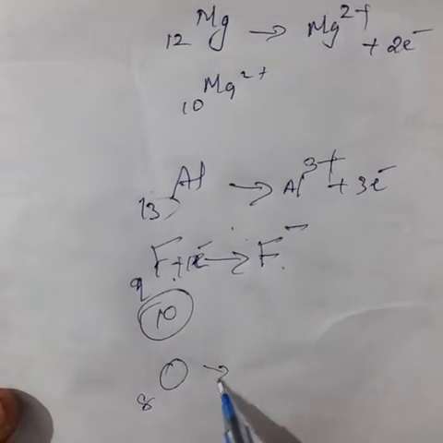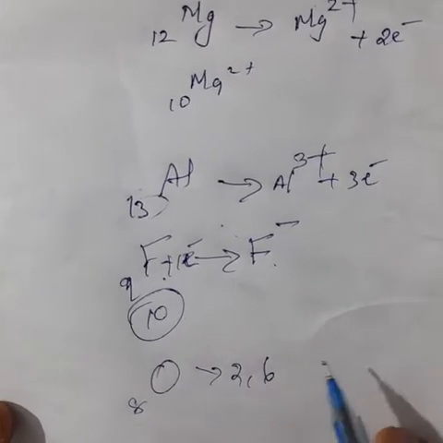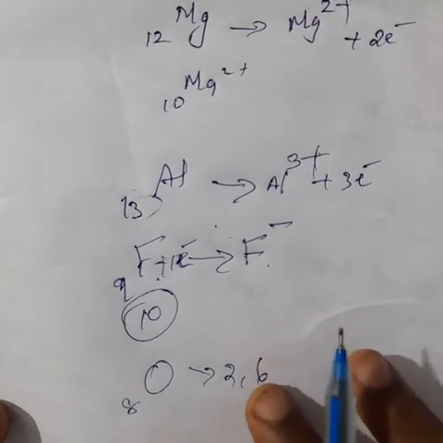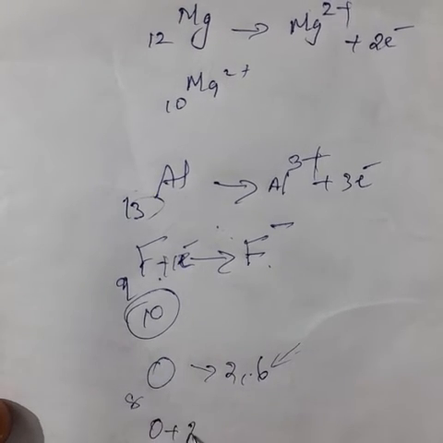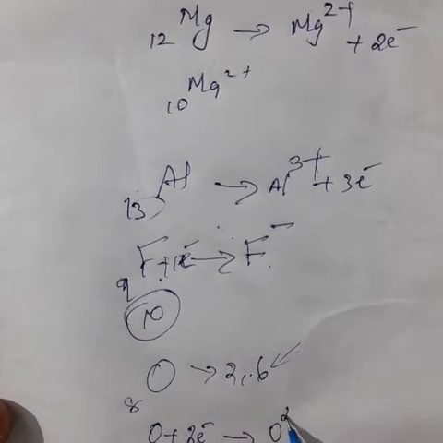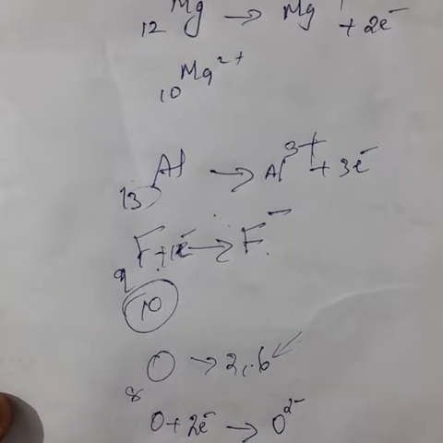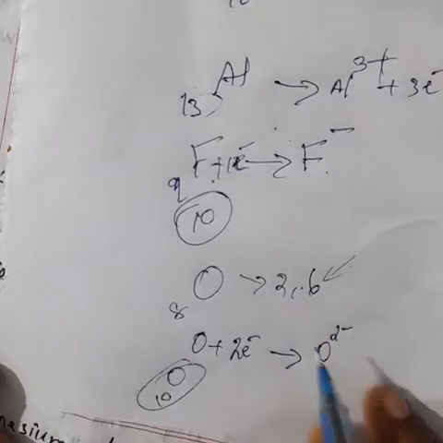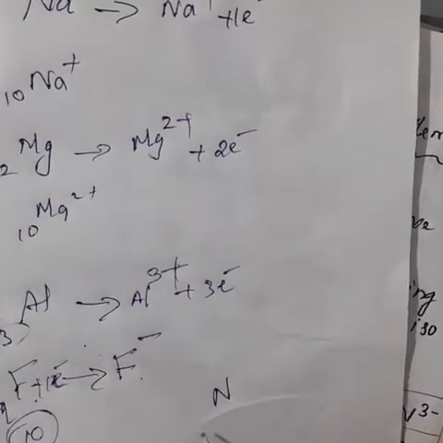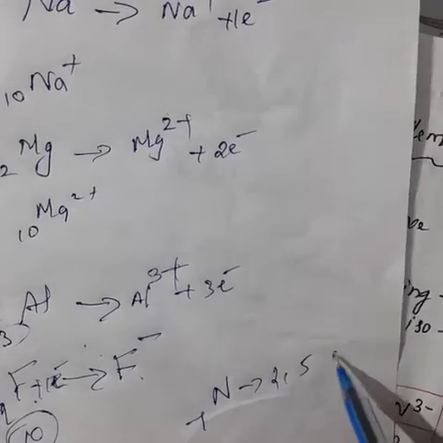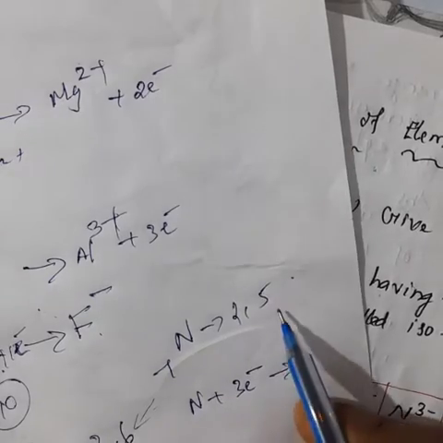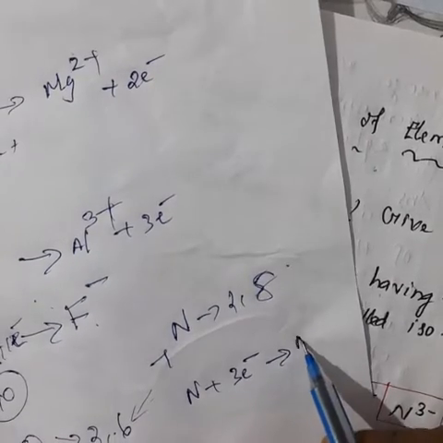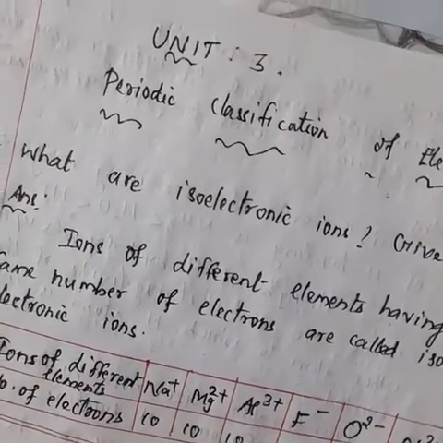To get a stable configuration it gains 2 electrons and becomes O2 minus, with 10 electrons. Nitrogen has atomic number 7, configuration 2, 5. It gains 3 electrons to become 2, 8, total 10 electrons. So ions of different elements having the same number of electrons are called isoelectronic ions.